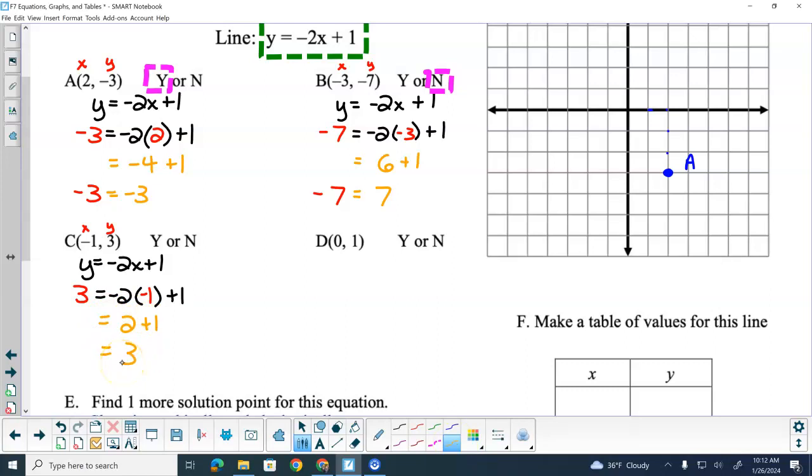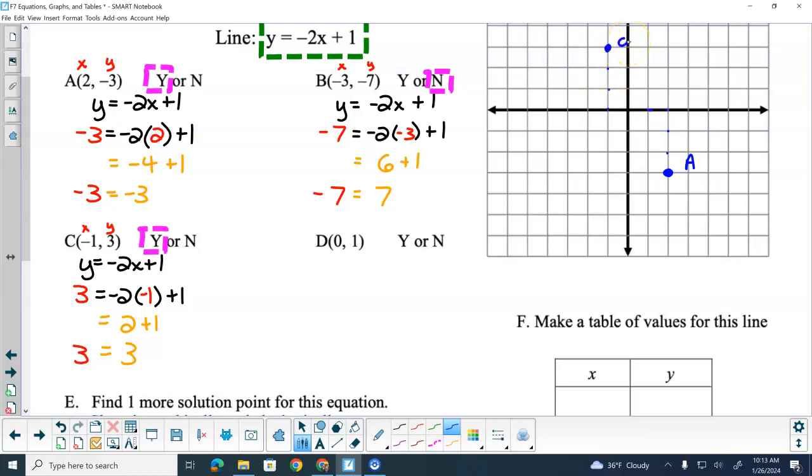Is 3 equal to 3? Yeah, so that point is on the line now. How do I get to point C? Negative 1, comma 3. Left 1 and up 3. Point C. Left 1, up 3 is point C.